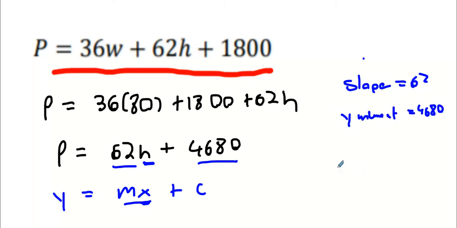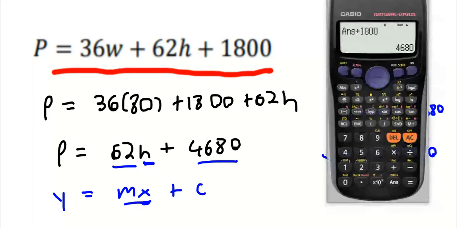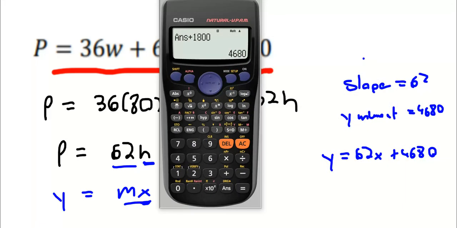Or essentially, you can make your formula y equals 62x plus 4680. Okay, so look at this. We're going to put this into my calculator as an f of x function. It's going to have the same slope as the last one.